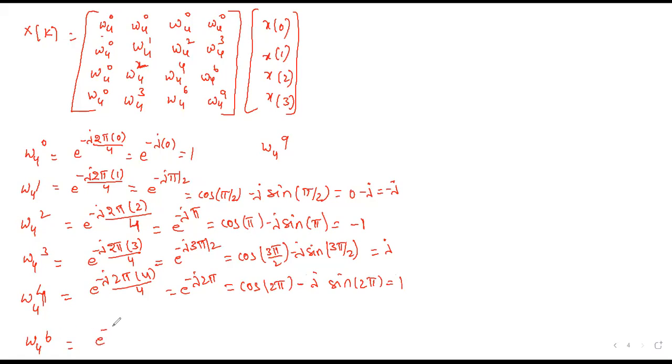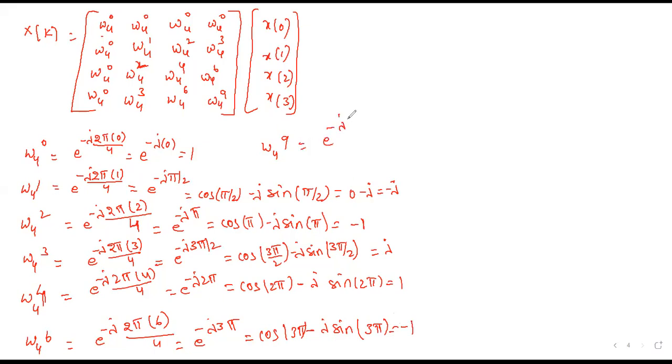Omega 4 power 6 is e to the power of minus j 2 pi into 6 by 4, which can be written as e to the power of minus j 3 pi, which is equal to cos 3 pi minus j sin 3 pi, whose value is equal to minus 1.